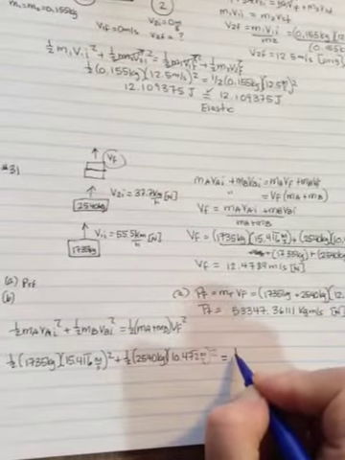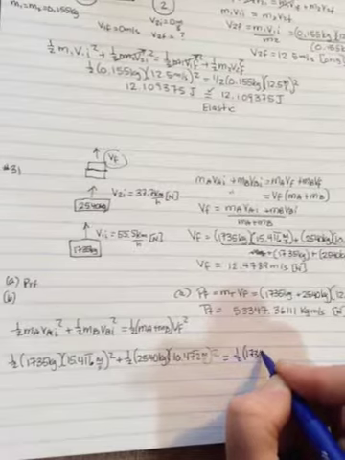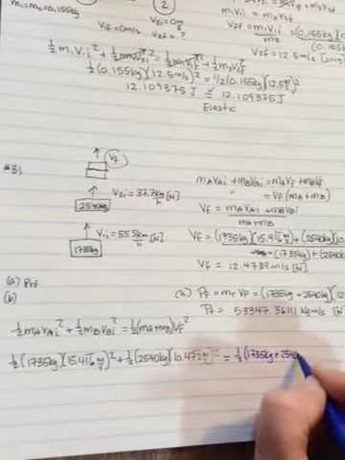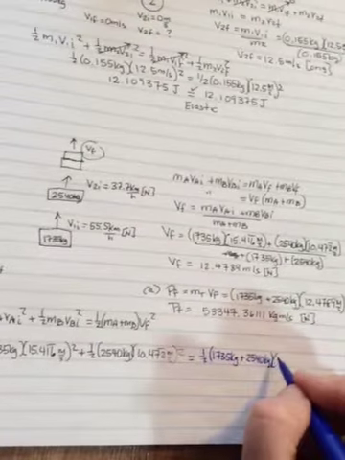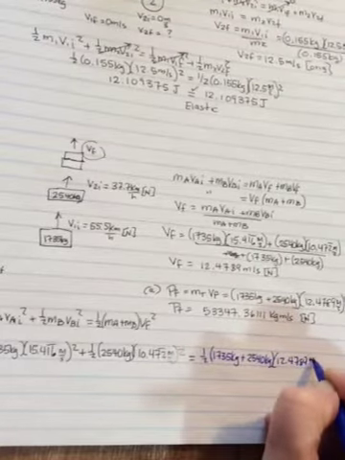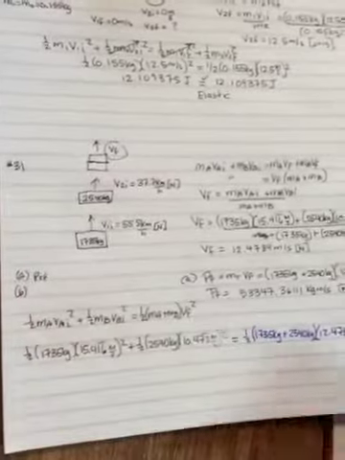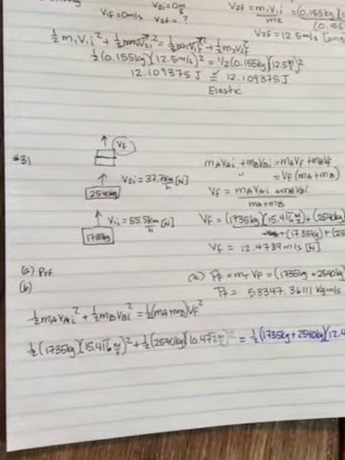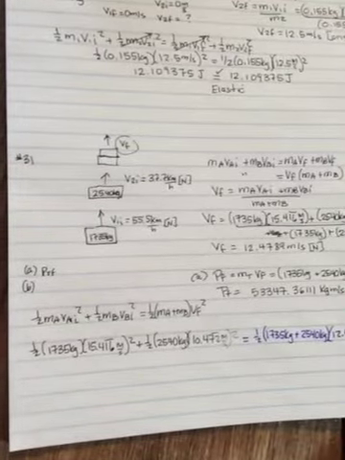Equals 1/2, and this is 1735 kilograms plus 2540 kilograms. And then you're going to multiply it by the velocity we just found up here, the 12.4789, etc. meters per second squared. Okay? So first term, 0.5 times 1735 times your speed squared.